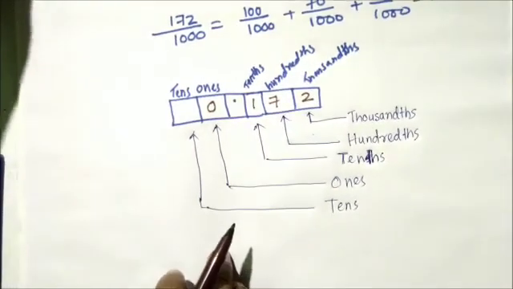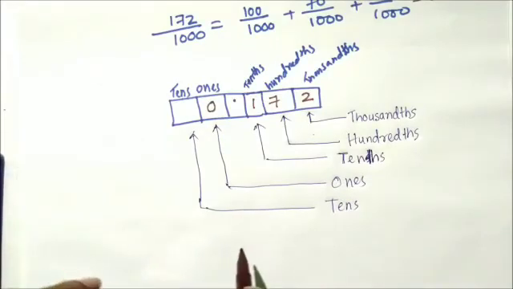Now if I ask you, say you are getting a question, say 13.479. I'm asking you, what is the place name where the 7 is sitting? 7 is sitting in which place?